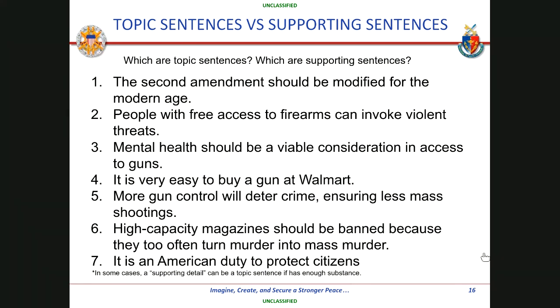Okay, number 7. Let's do Inam from Pakistan. It is an American duty to protect citizens. Okay, what do you think? Chat, what do you think? Is this a topic sentence or supporting sentence?